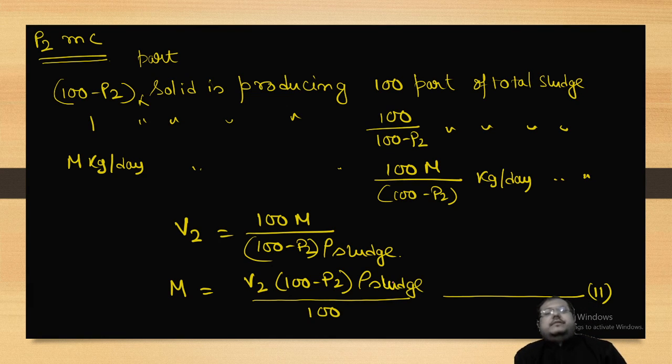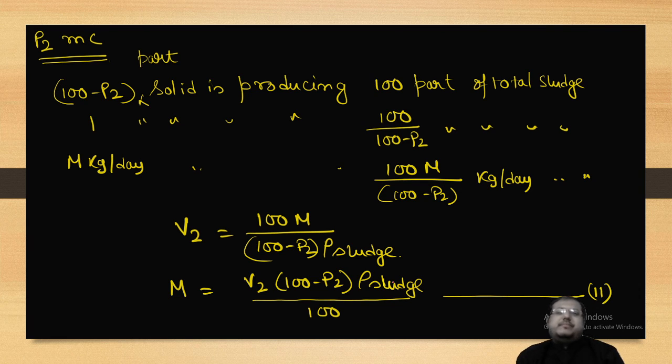Now if the moisture content is P2, then what will happen? Once again, 100 minus P2 part solid is producing 100 part of total sludge. 1 part of solid is producing 100 by 100 minus P2 part of total sludge. Now we are reducing what? We are reducing the moisture, we are reducing the water. We are not doing anything with the solids.